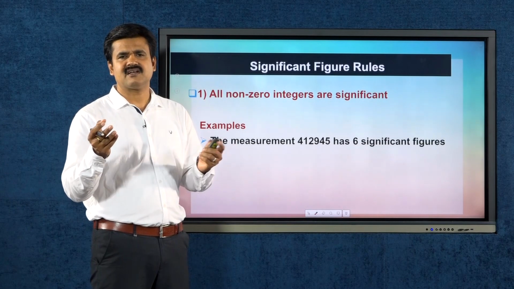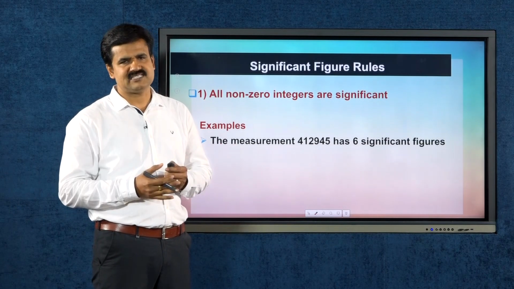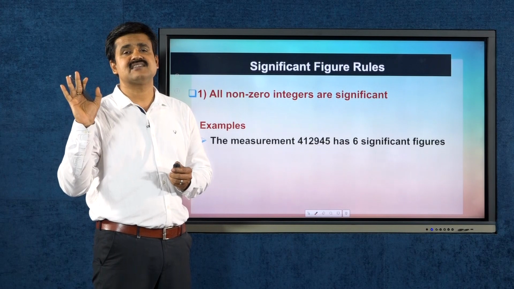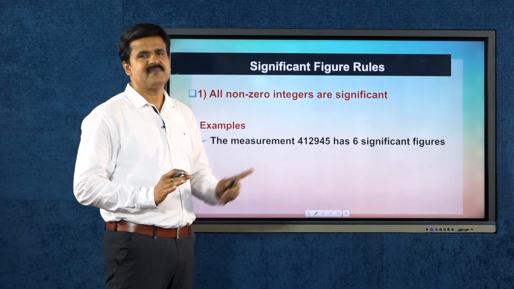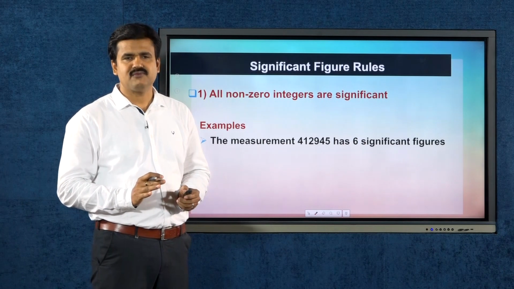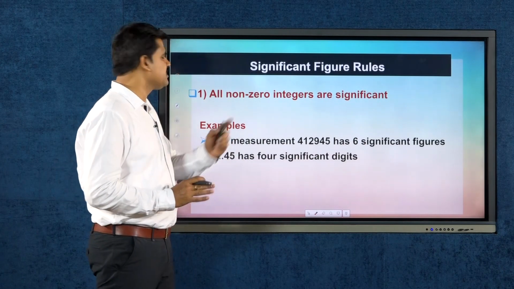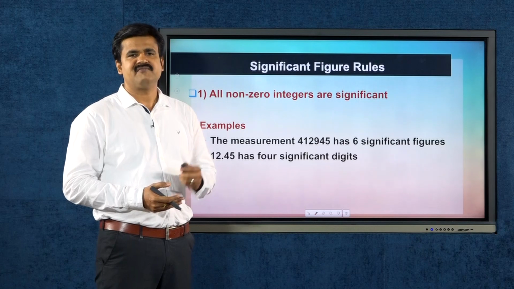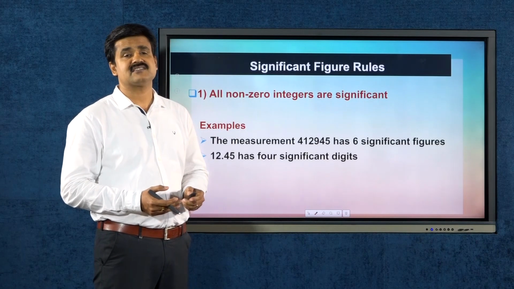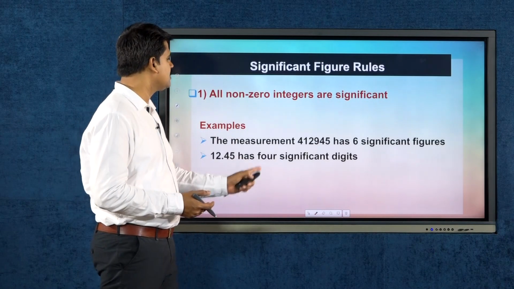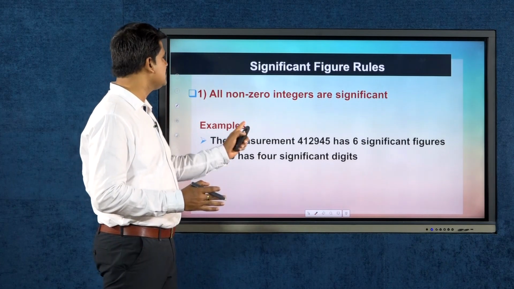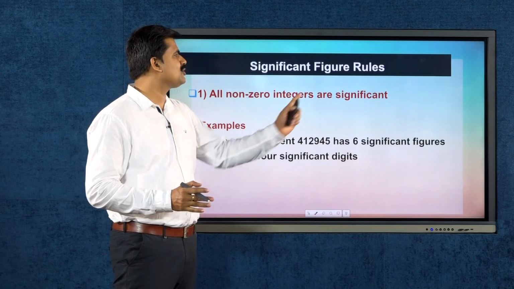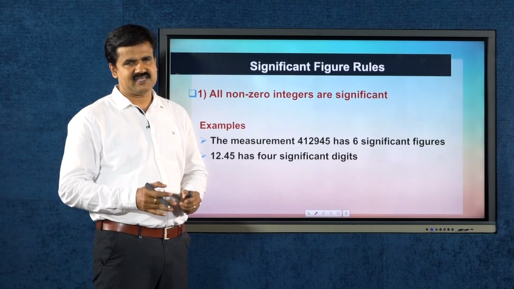Here all are non-zero digits. All non-zero digits are significant. So, in this quantity, there are 6 significant figures. Take another one, that is 12.45, in which all digits are non-zero. So, here there are 4 significant digits. So, the first rule is like this: all non-zero integers are significant.